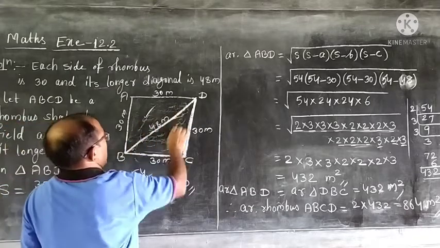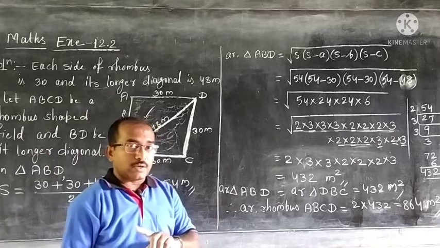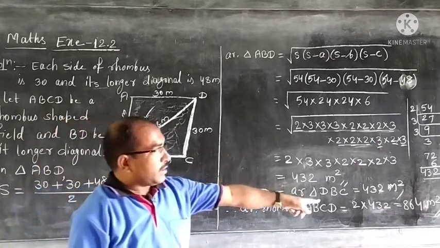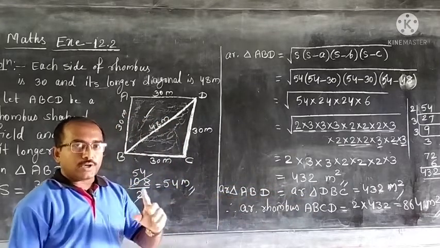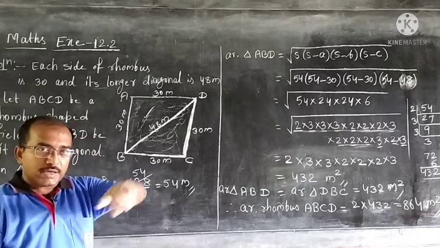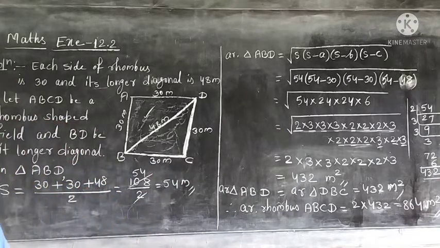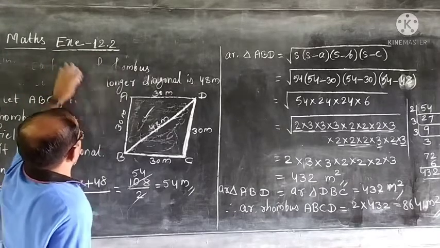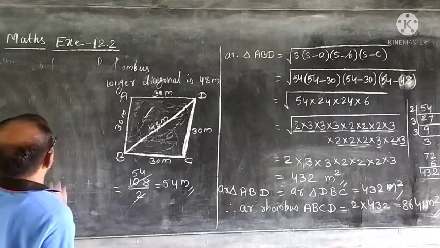Now, how many cows can graze the grass? 18 cows. So, for 18 cows, 864 meter square of grass area. So, for each cow how much area of the grass will be available? We will divide.